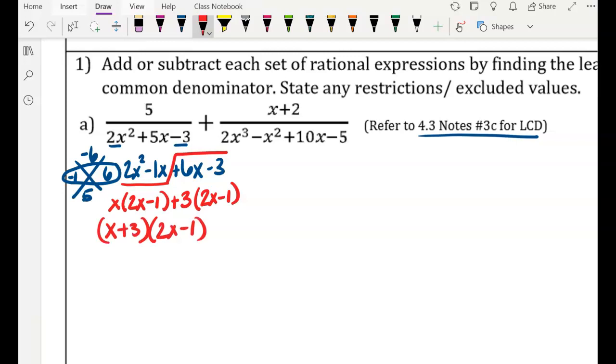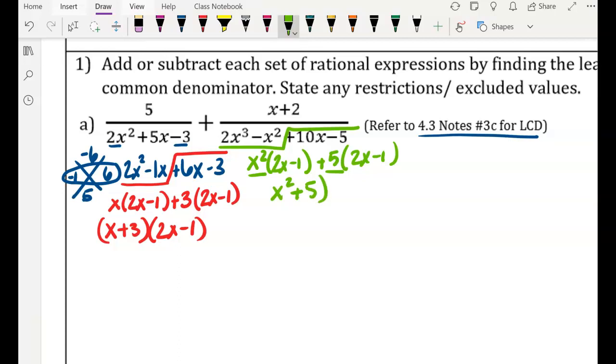Then we will do the same factoring for the second denominator. We again take out an x squared for the first two terms. We are going to end up with 2x minus 1, take out a 5. So we have 2x minus 1, okay? As you can see, we will put those together: x squared plus 5 times 2x minus 1.